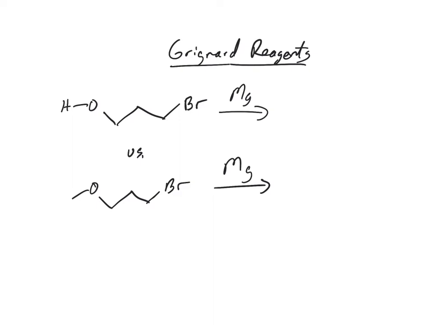The problem is certain functional groups are not compatible with Grignards. So think about a Grignard as like a really, really reactive negative charge, a carbanion, a really reactive base. So what kind of things do bases react with? Bases will react with electrophiles. So if you're going to make a Grignard, within the molecule that is your Grignard, you can't have any electrophiles.